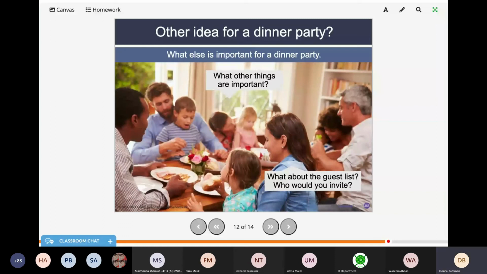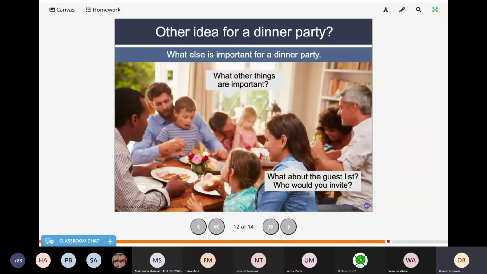Would you have it at home or would you think about doing it somewhere outside? What type of food would you prepare? Would you prepare all of it or would you buy some of it already made? Would you decorate the place, the room or the table? And how would you do that?